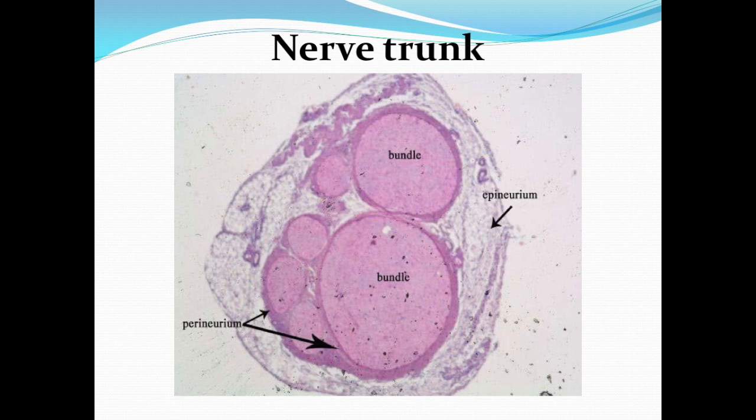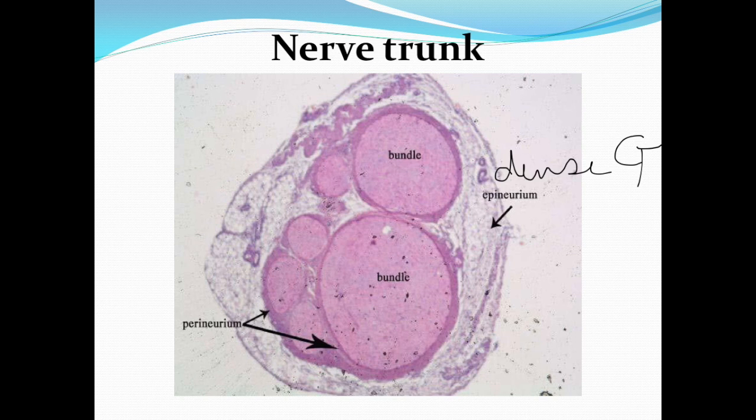In this slide, you may be asked about the nature of the epineurium and the perineurium. The epineurium is a dense connective tissue covering the whole nerve, and of course its function is support.